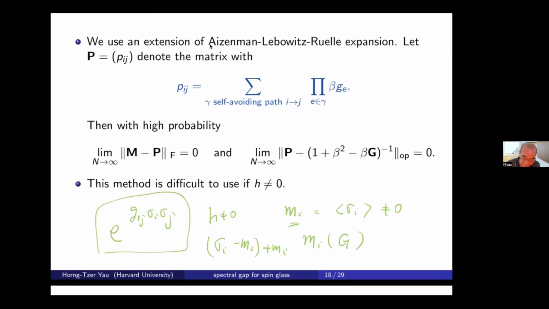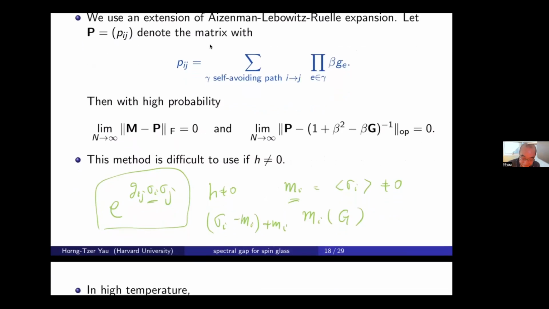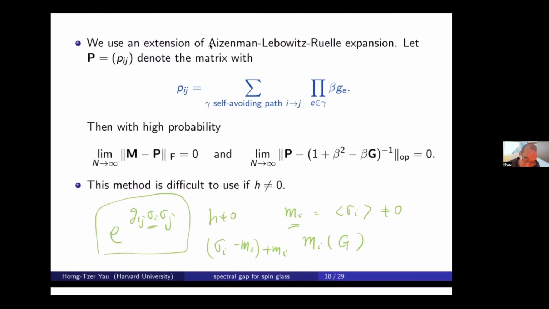I can't really explain why, but if you write sigma_i in this way and start to shift the expansion, eventually, because m_i depends on the randomness, it will not work. Or I shouldn't say it will not work; at least I don't know how to make it work.